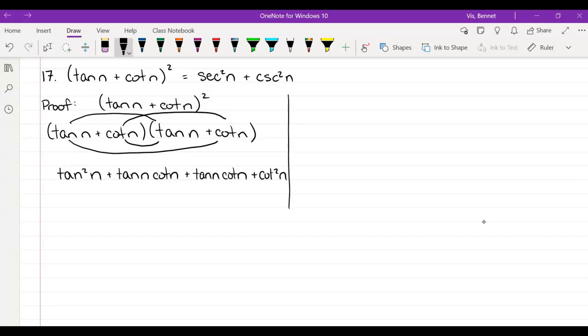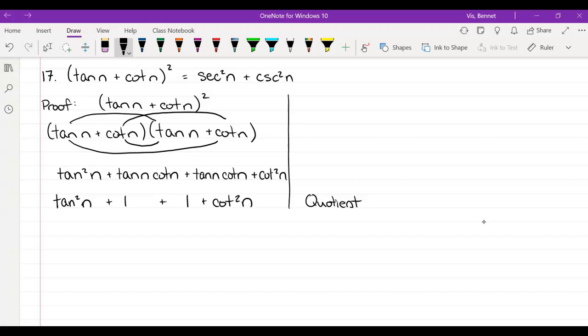I could combine these two things, tangent times cotangent, or right away I could say this is tangent squared, and this is just 1 because of that quotient property that we have. That tangent times cotangent, they're reciprocals of each other, so they're both equal to 1. And this one too I can change to just 1 plus cotangent squared n.